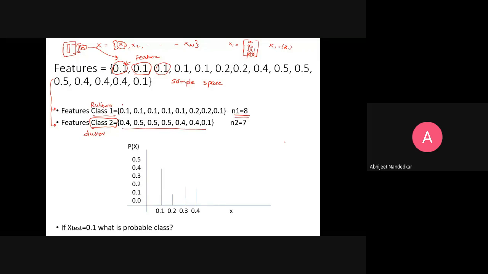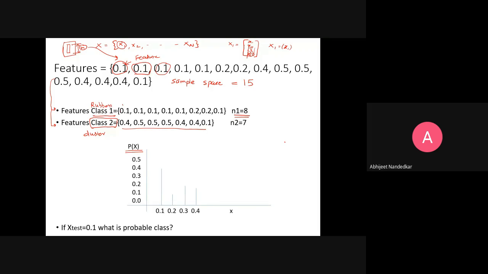So what is the sample size? Sample size is 15, right? Then what I can do is plot this information available to me for the elements in the sample space.